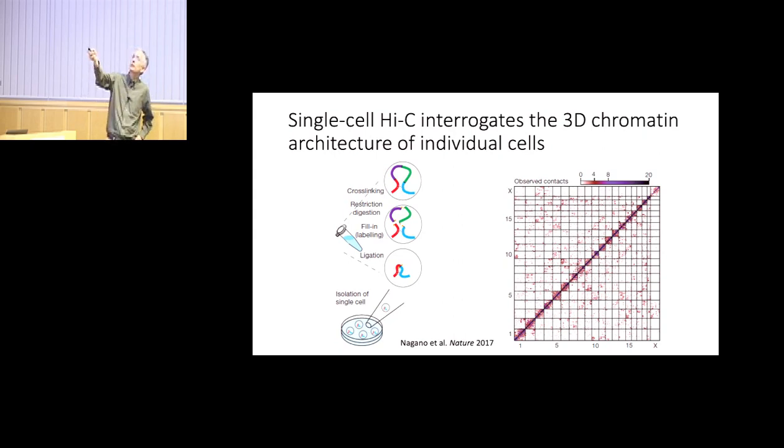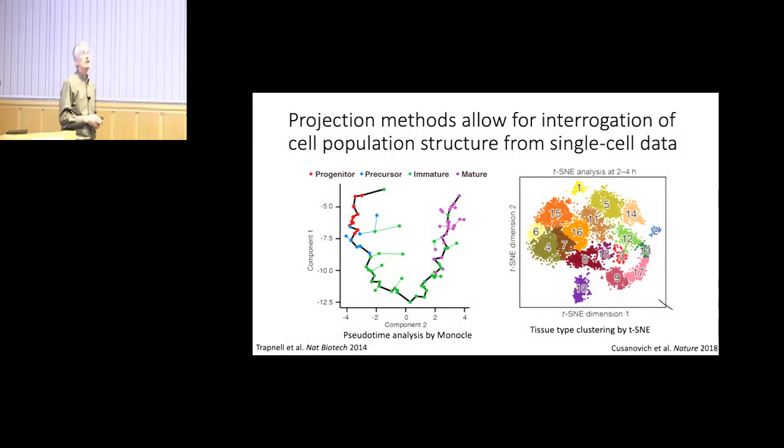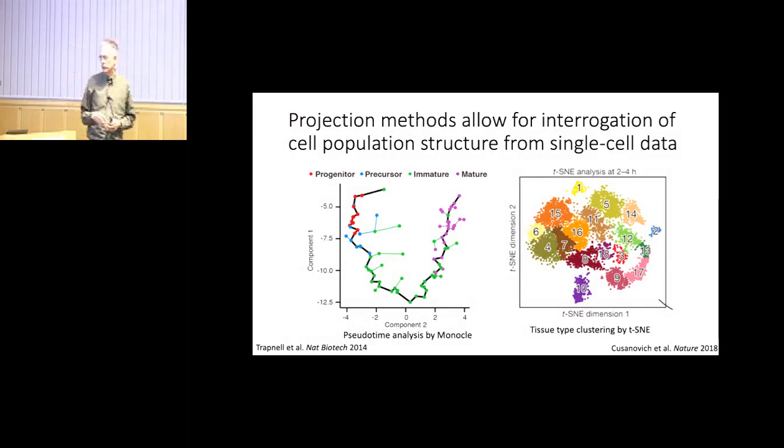So in this one, each of these boxes corresponds to one chromosome. You have lots of intra-chromosomal contacts in dark, and then the inter-chromosomal contacts are in a lighter shade here with fewer contacts.